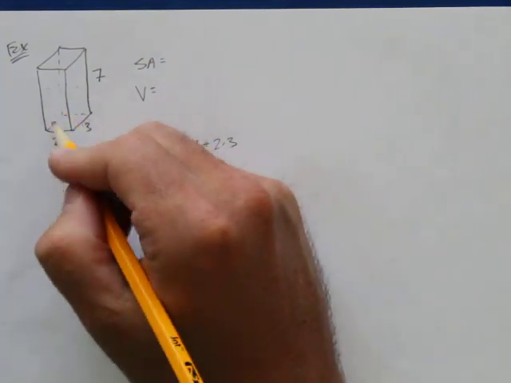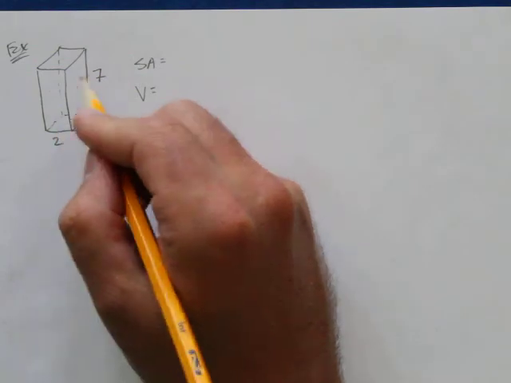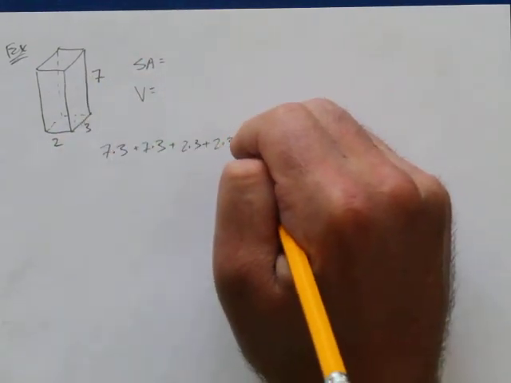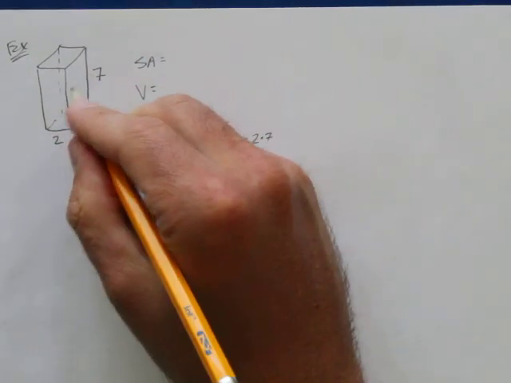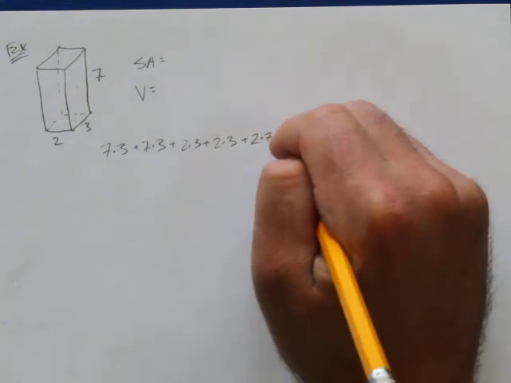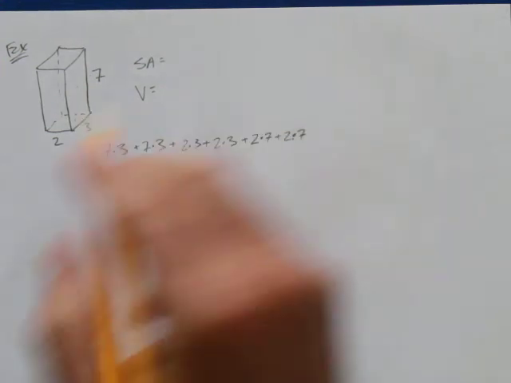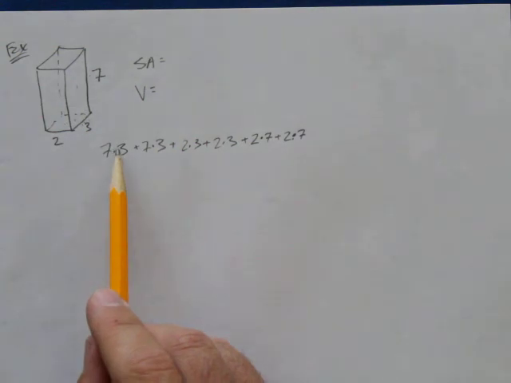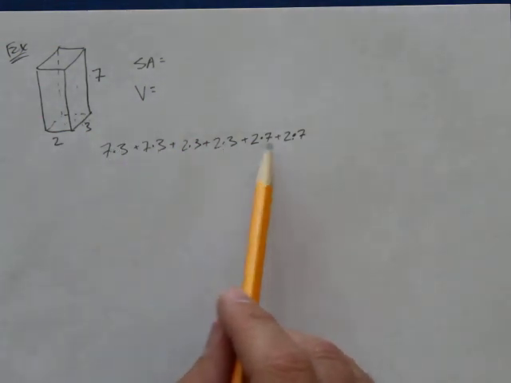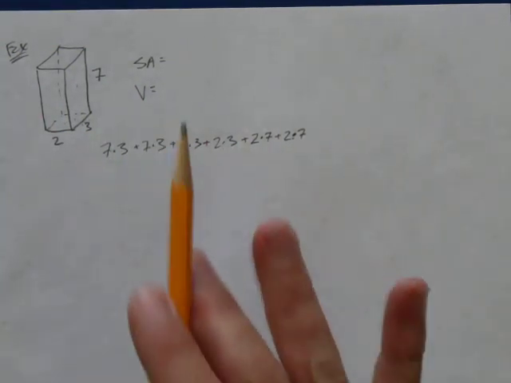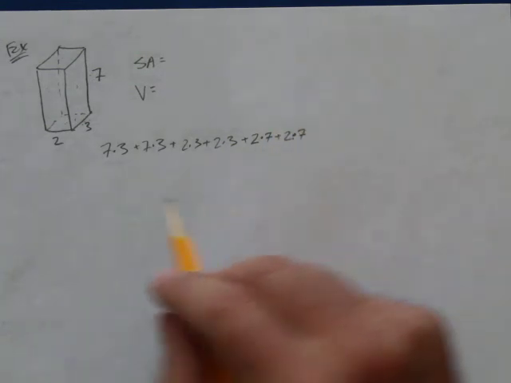And now I'm missing this front and back here, so this is 2 times 7, and again, 2 times 7. So if this is a 6-sided object, I have all 6 sides. Now I'm ready to start doing some computations.